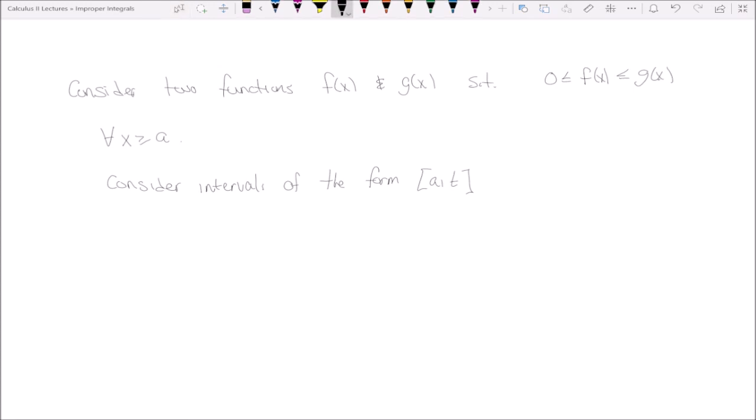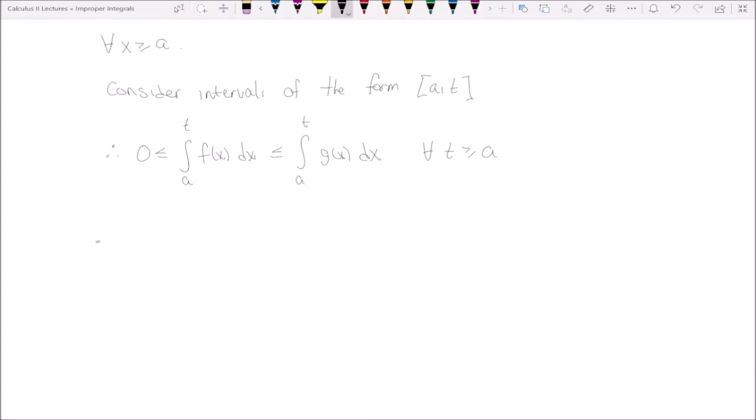Clearly, we have 0 is less than or equal to the integral from a to t of f of x dx, which would be less than or equal to the integral from a to t of g of x dx for all t greater than or equal to a, right?